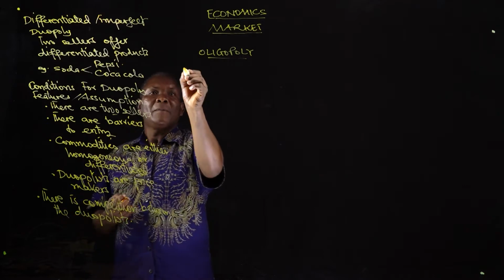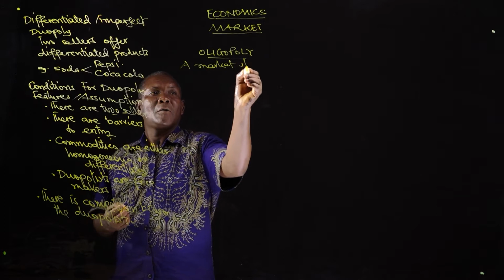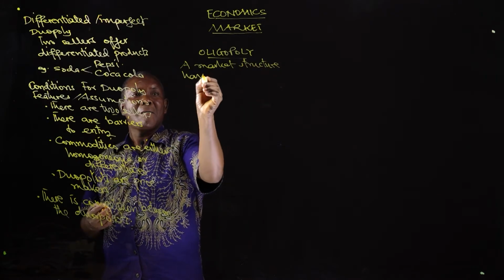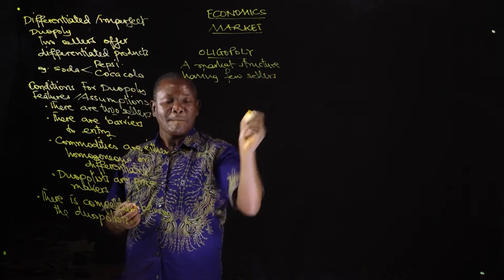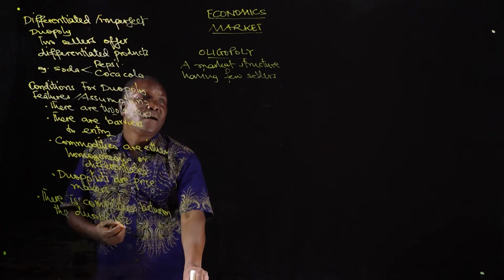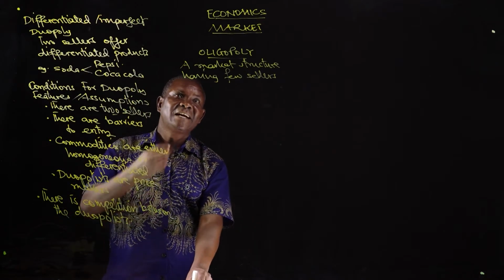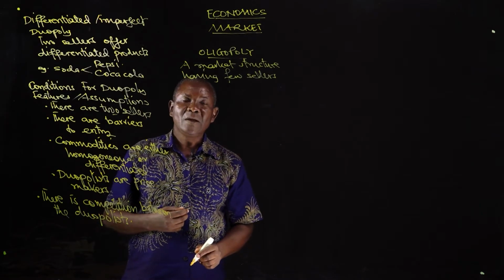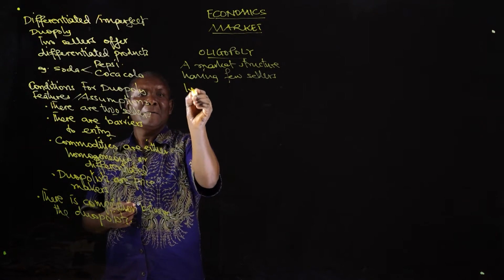So, a market structure having few sellers. When you have a market structure where you have few sellers, we say that is an oligopoly market. These, again, are of two types.